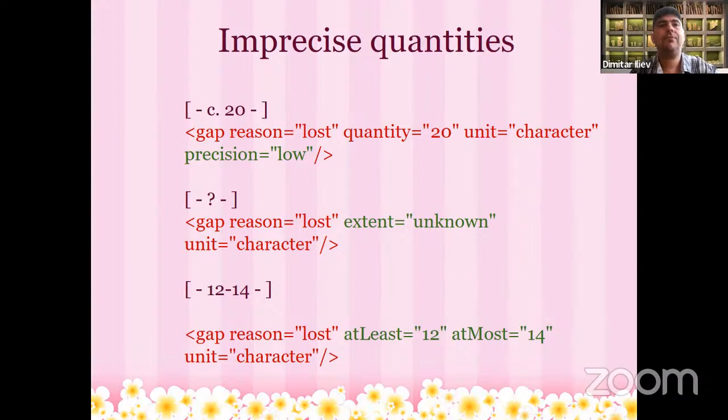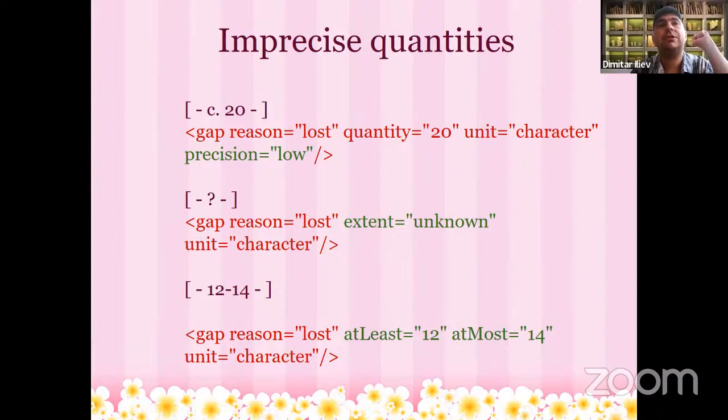So you have, again, gap reason lost. You have a lacuna here, which spans from at least 12 characters to at most 14 characters, depending on how these characters were written, how much place they took on the stone originally, or how many ligatures were in between them.